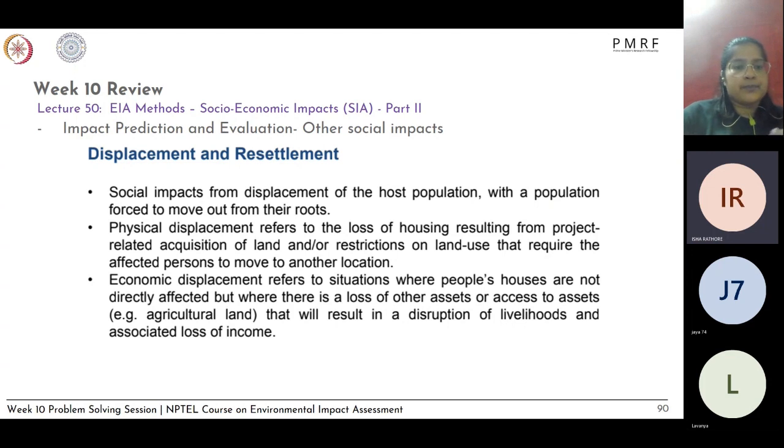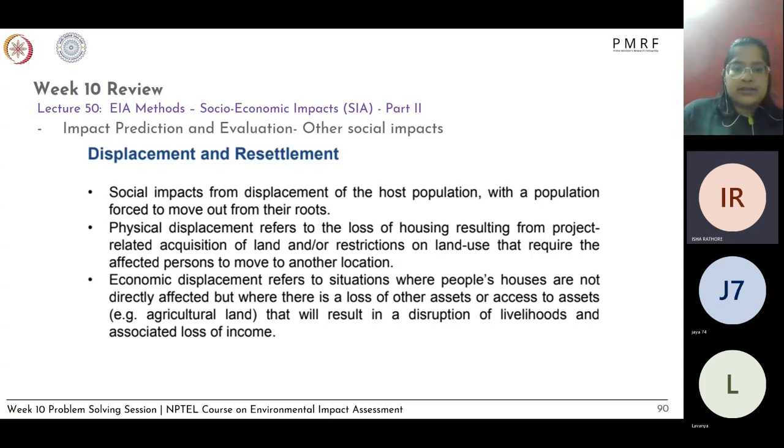So we have social impacts from displacement of host population, with the population forced to move out from their roots. Physical displacement refers to loss of housing resulting from project-related acquisition of land and/or restrictions on land use that require the affected persons to move to another location.